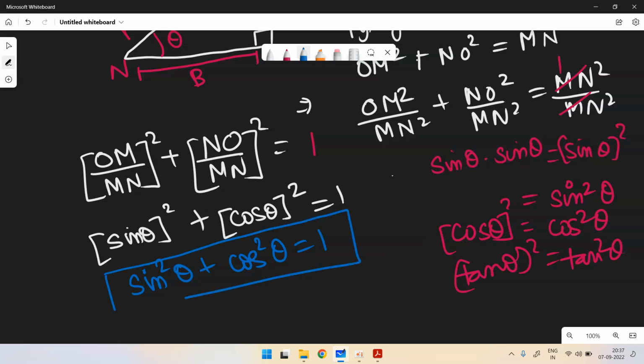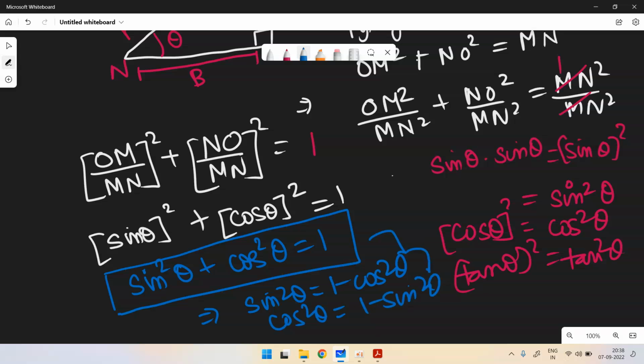This is your first property. Here you can even say that sine square theta equal to 1 minus cos square theta, or cos square theta is equal to 1 minus sine square theta. From here you can get the results, but the basic equation is sine square theta plus cos square theta equal to 1.